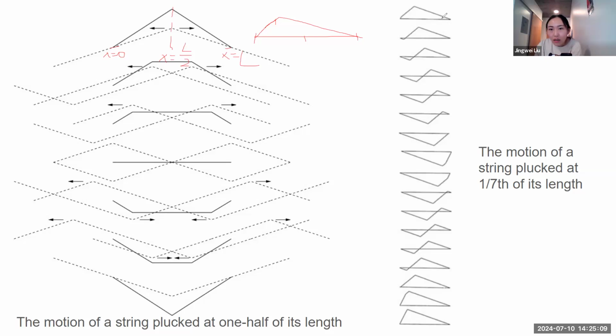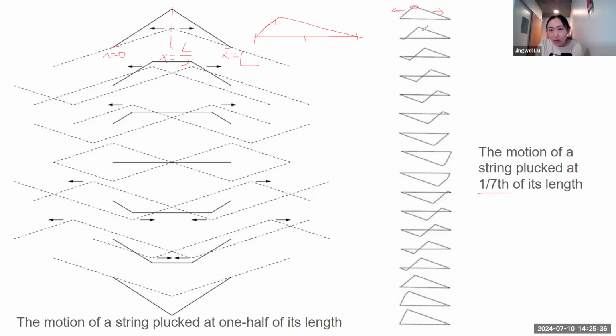So this is one of the illustrations here. When the string is plucked at 1/7 of its length, it's in this position. After that, it's the same, right? We still have a left traveling wave and a right traveling wave. It's only that the left traveling wave will hit the node much earlier than the right traveling wave.